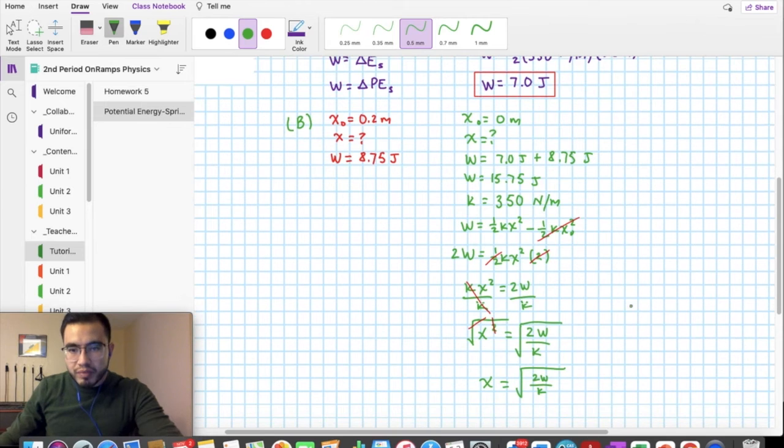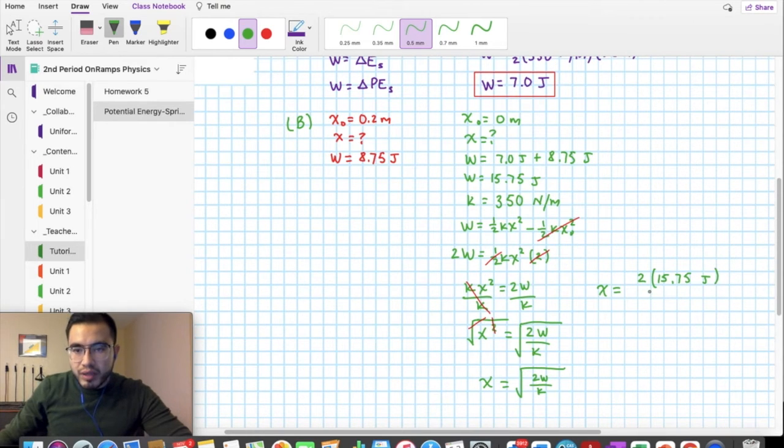X equals, I'm going to do the square root at the end. So twice 15.75 joules divided by the spring constant, which is 350 newtons per meter. Then I take the square root.